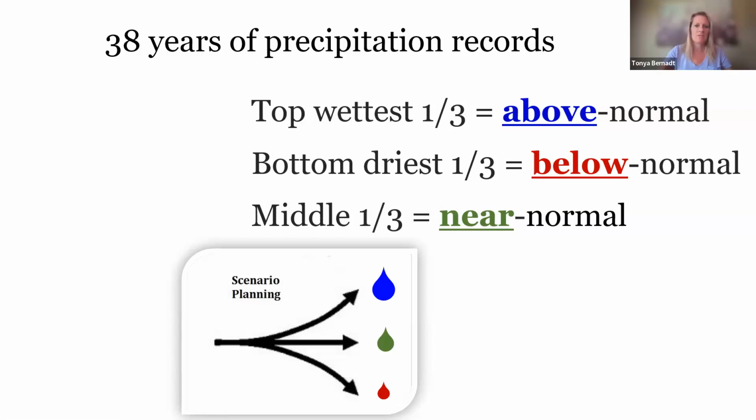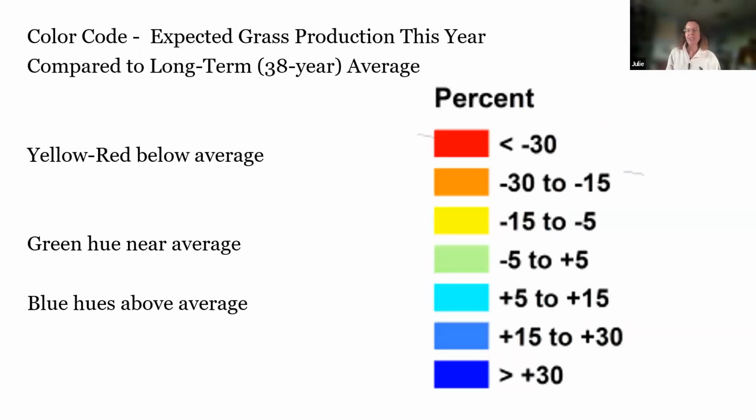I have a question. Sure. Are the maps showing how much grass is expected? Not exactly, Tanya. They're showing the difference between the total grass growth expected this year and total grass growth expected in a normal year. The legend is titled percent, meaning percent of normal.